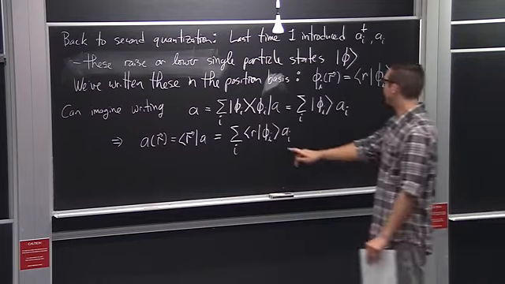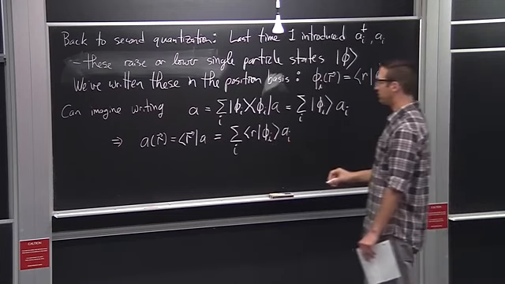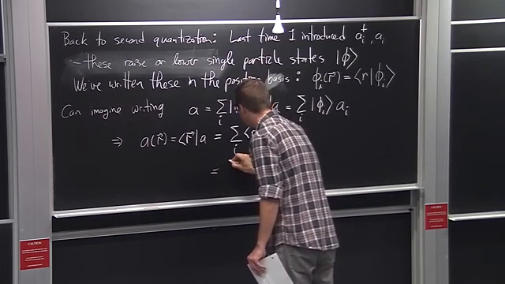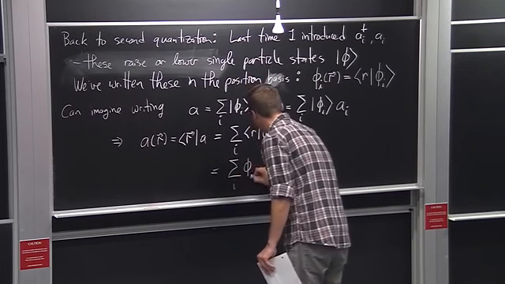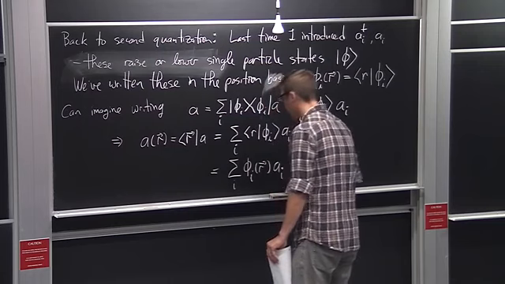And then we know what this thing is. This is just phi in the position basis. So sum over i, phi_i(R), A_i.